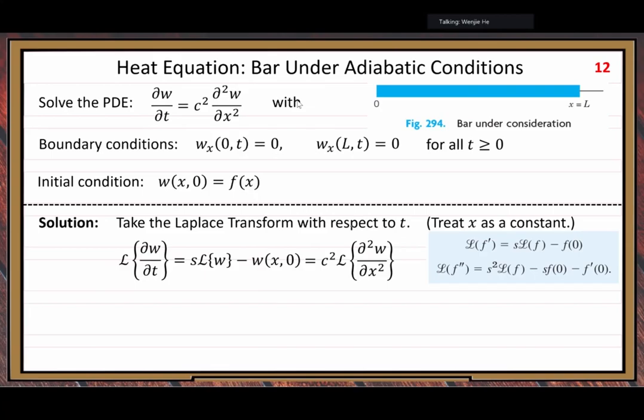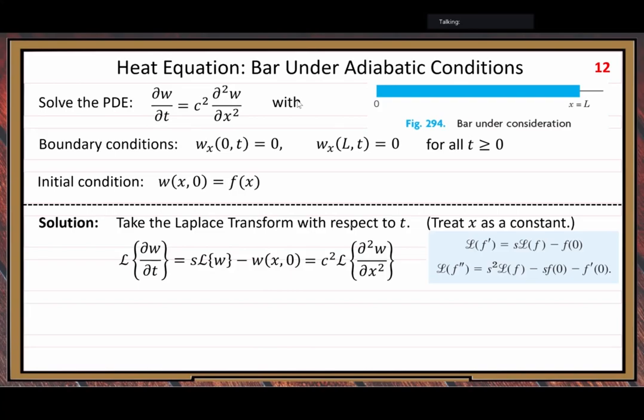This part is known, the f function with respect to t. So when t equals 0, we have our initial condition. Then on the right-hand side, we do the same processing as we did in the wave equation.